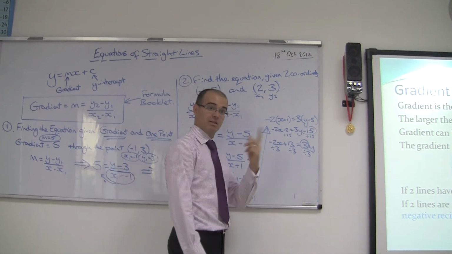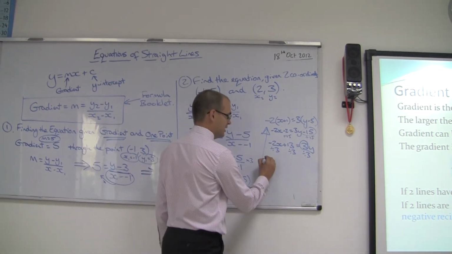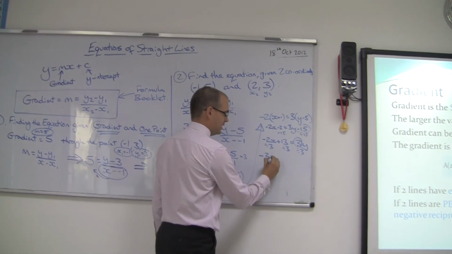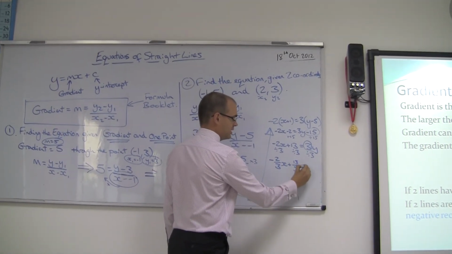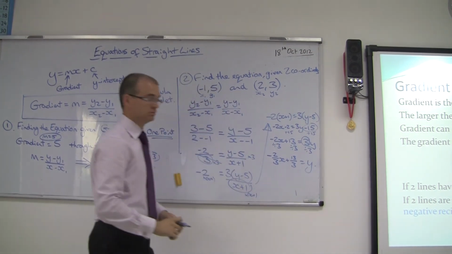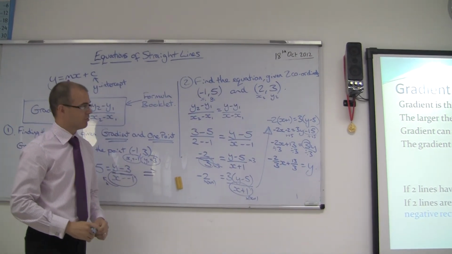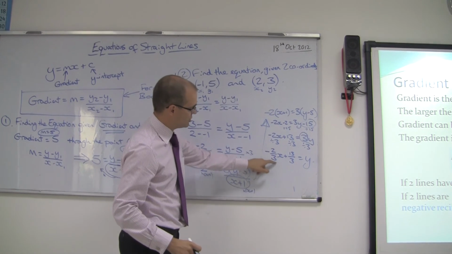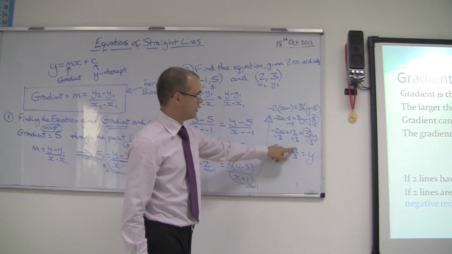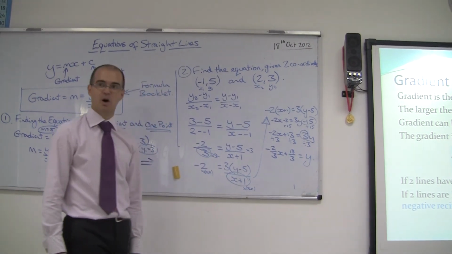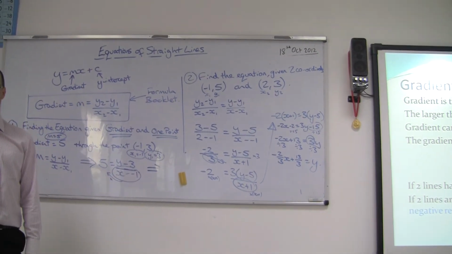It's 13 over 3, as a fraction. So make it minus 2 over 3 x plus 13 over 3 equals y. What's my gradient here? Minus 2/3, because it's the amount of x. What's my y-intercept? 13 over 3. Easy.